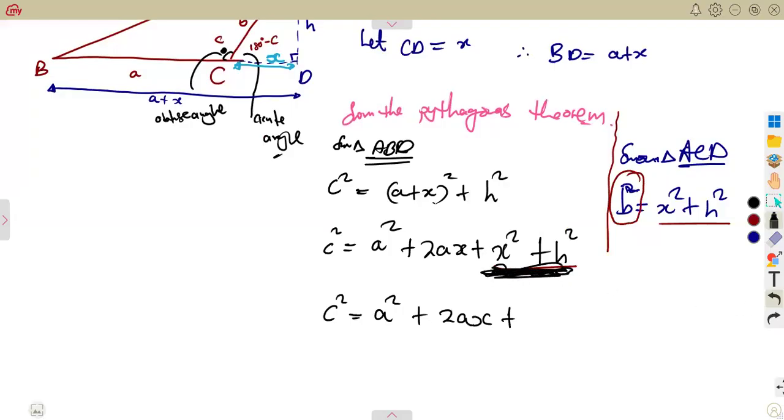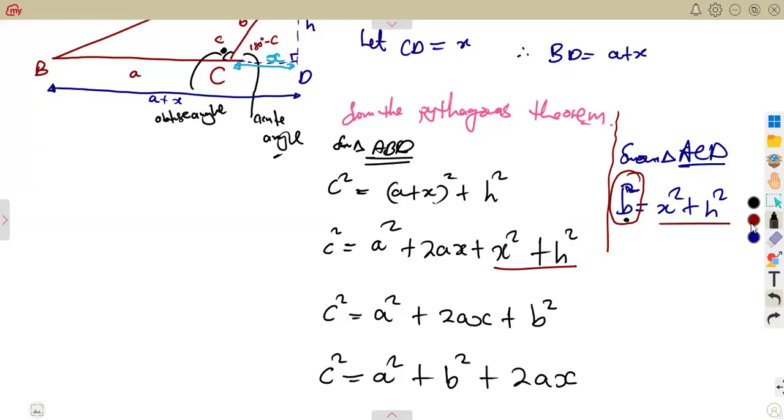This part here is equivalent to B squared. We're just substituting the equivalent of that. So the formula, if we are to check, we are almost close. C squared is equal to A squared plus B squared plus 2AX. This is where we are. We know that this is supposed to be A squared plus B squared, which is exactly what we have. And we are supposed to have minus 2AB cos C. We're supposed to have something like that.